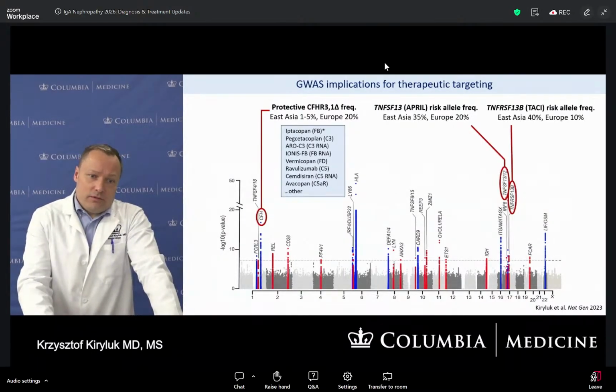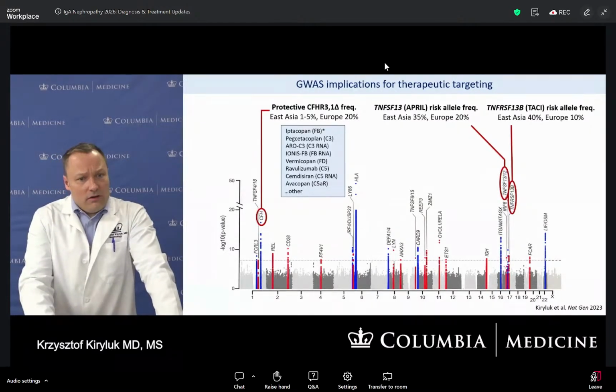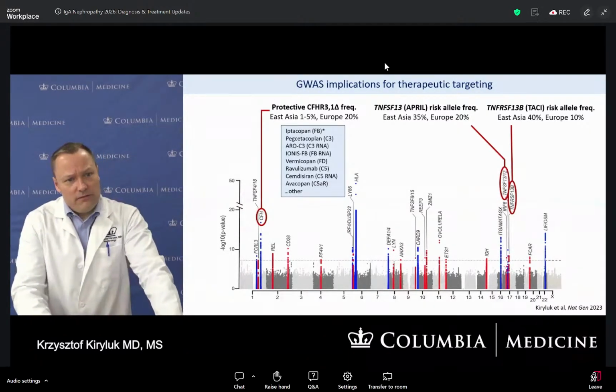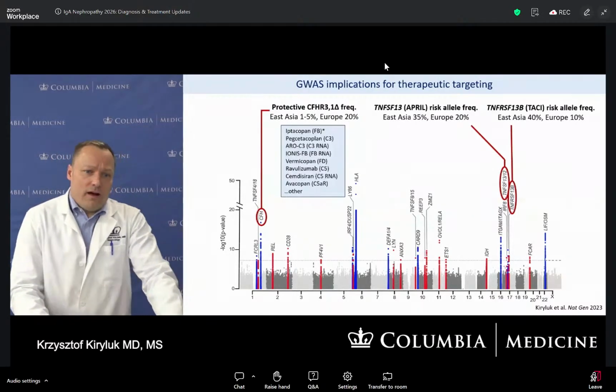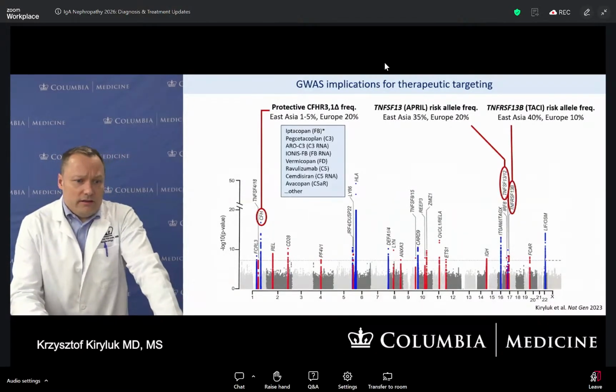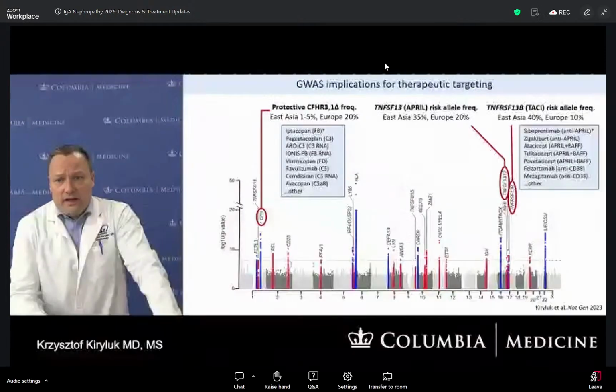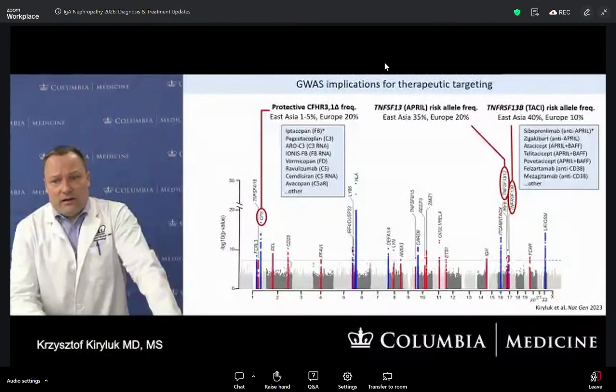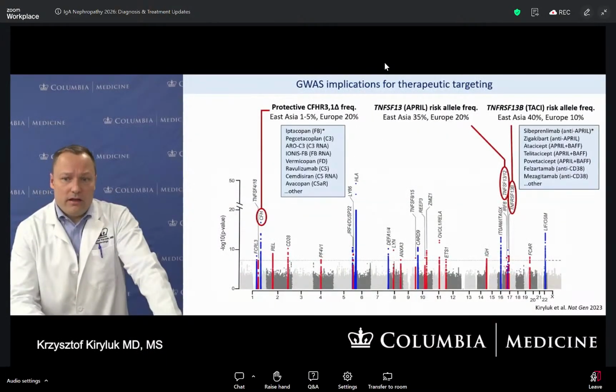We have many other complement inhibitors in the development pipeline for this disease, and all of these are supported by these genetic findings of factor H being critical in disease pathogenesis. And then we also have numerous drugs that now target the APRIL-TACI pathway, sibeprenlimab already being approved and in use in the US, which is extremely exciting to see. And again, very strong genetic support for these drugs.